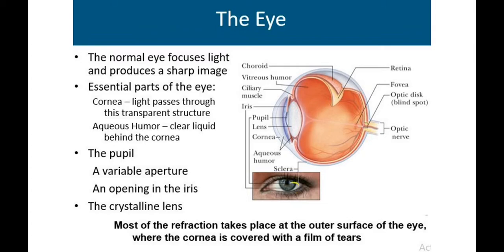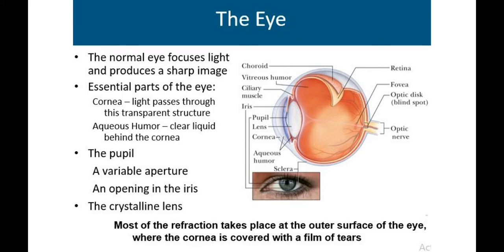Here it is visible, the pupil, and the pupil is nothing more than a variable aperture, so it can get larger or smaller. The iris is getting smaller if the illumination is high, and in a dark environment it is getting larger to collect more light, more intensity of light.